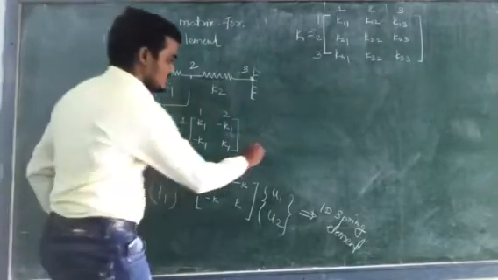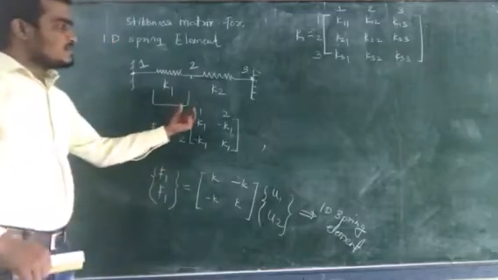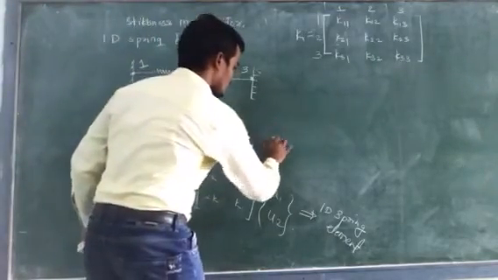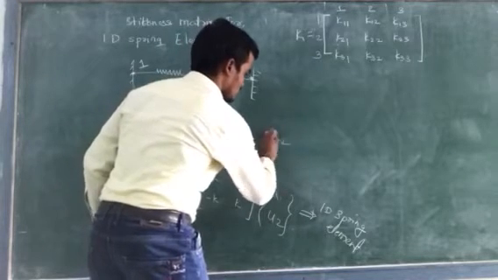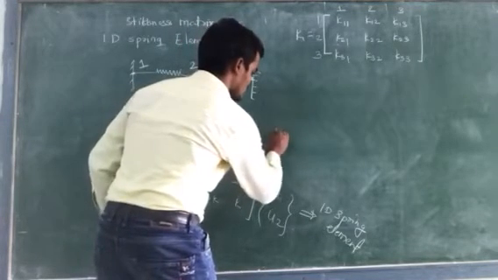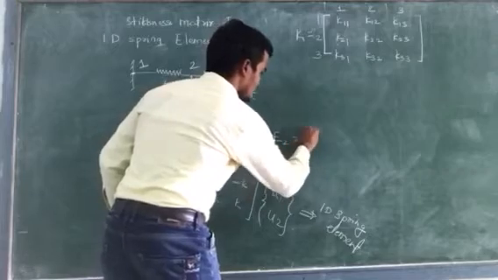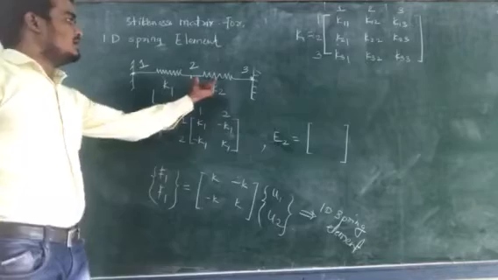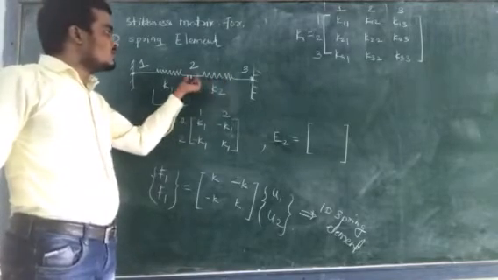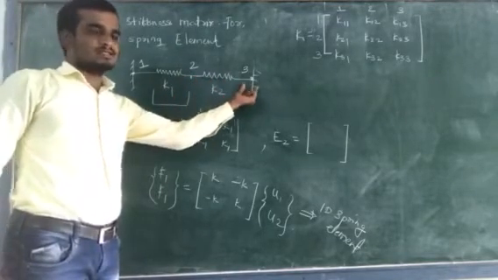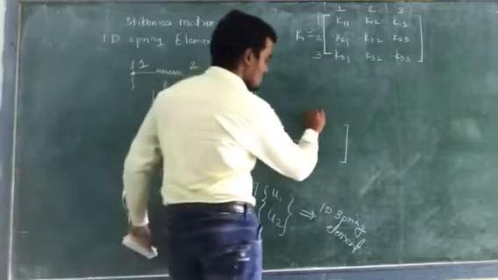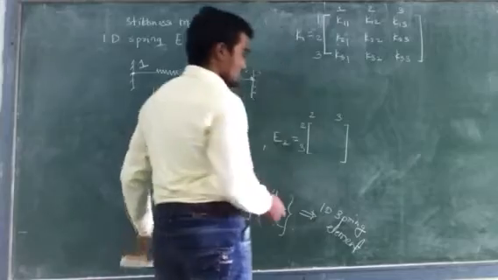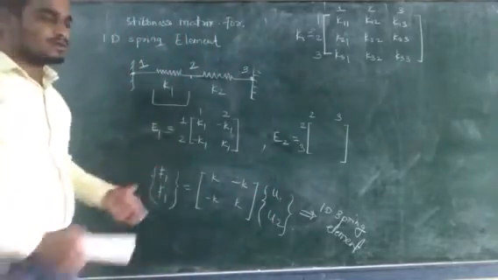Similarly, now the elemental stiffness matrix E2 will become, now this spring element lies between node 2 and node 3. So the position will become between node 2 and node 3.